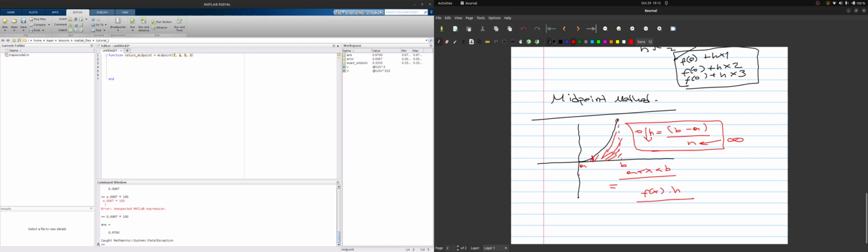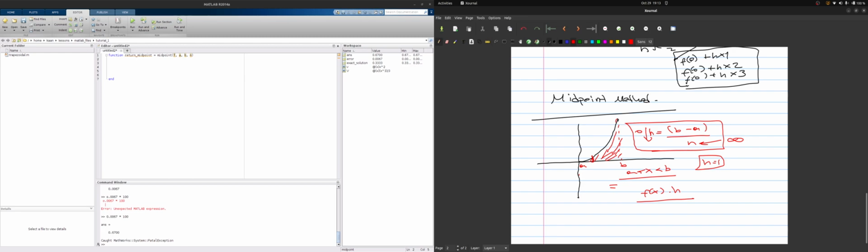f(x) times h, where h is a really small value. But let's say h is 1. If h is 1 and you divide this into, let's say, 5 steps, you basically sum the f values, because h is such a small value that the function value at that point can be seen as the area of that point.